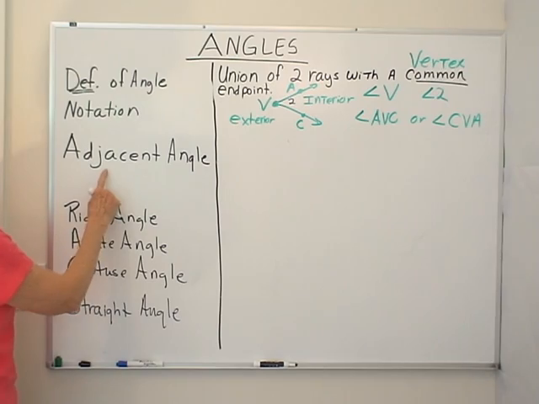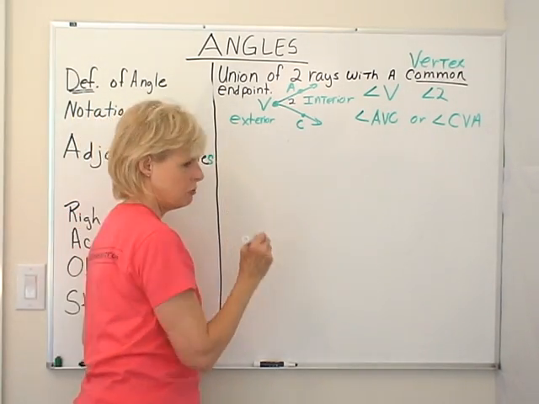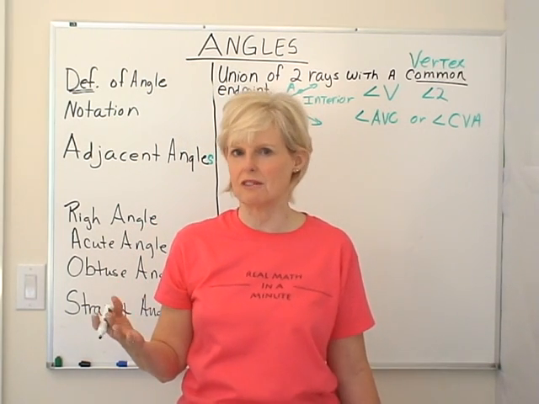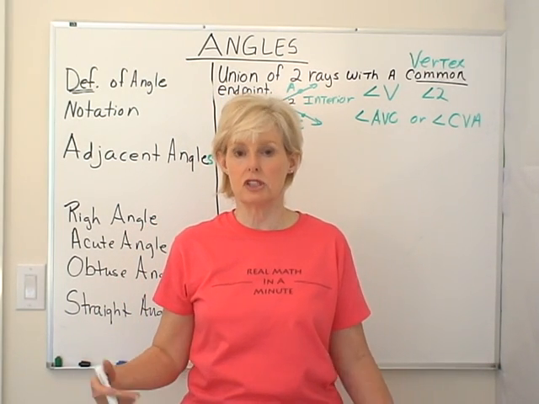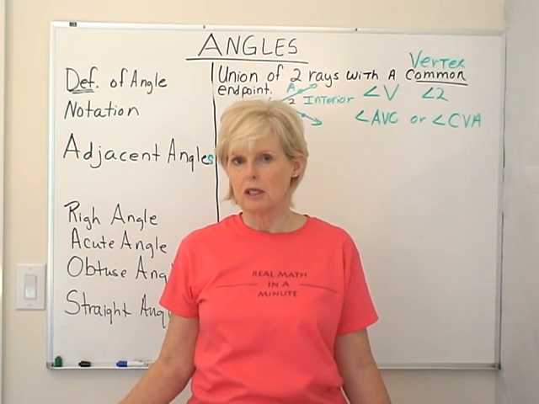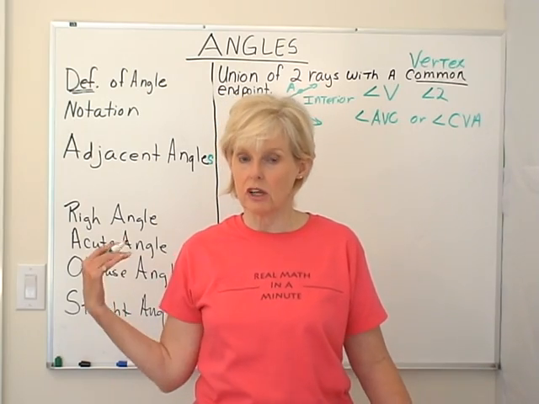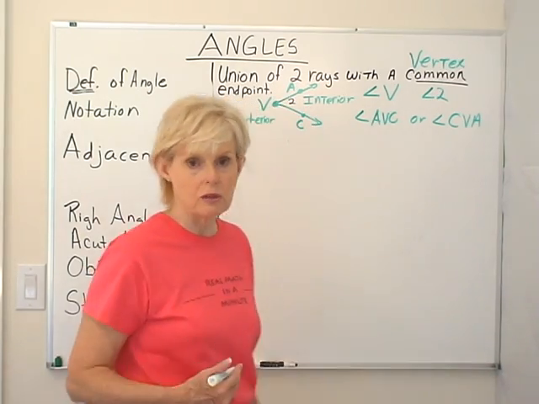Okay, next let's look at adjacent angles. Let's put an S on that too, because we're talking about two angles that are adjacent. If you think about who is adjacent to you in a classroom, your adjacent neighbor, you mean who is right next to you. So if we're talking about adjacent angles, that's what it means.